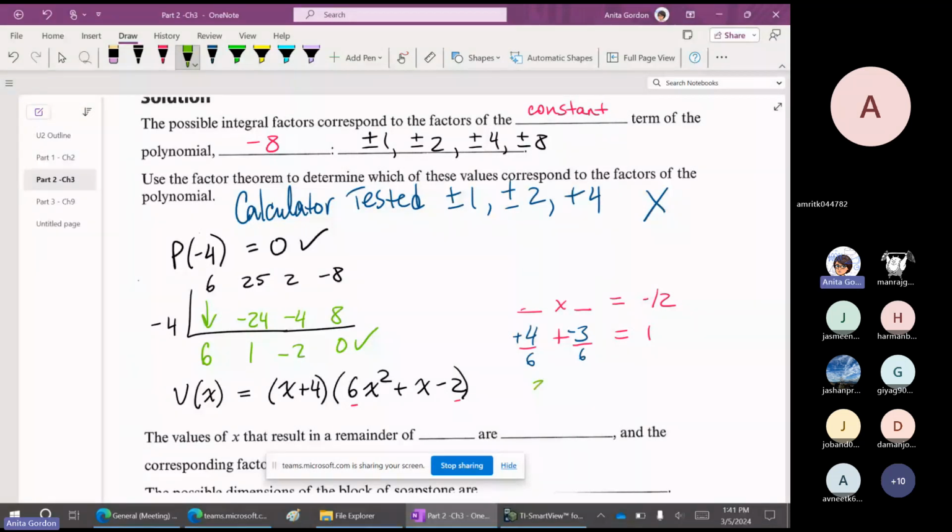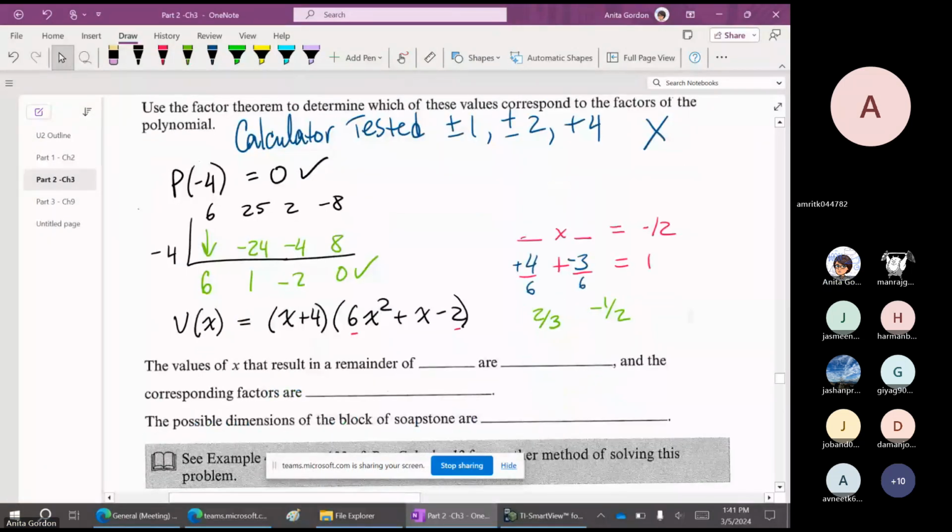This gives me 2/3 and negative 1/2 are the other two that are going to work. So x plus 4, 3x plus 2, 2x minus 1. This is our length, width, height.